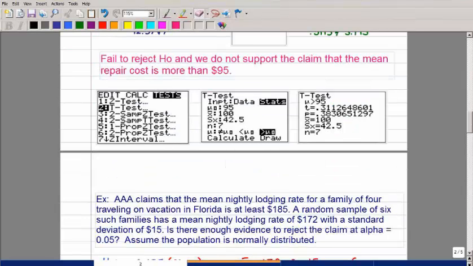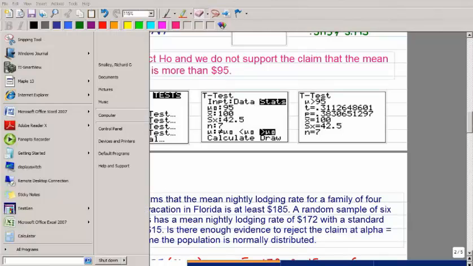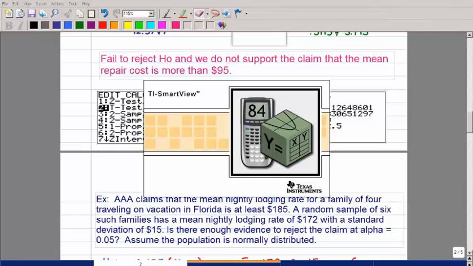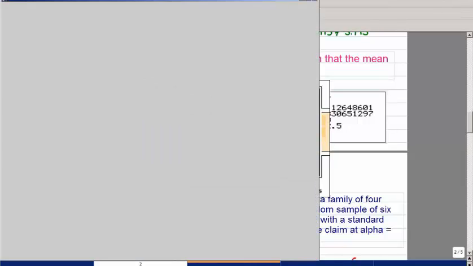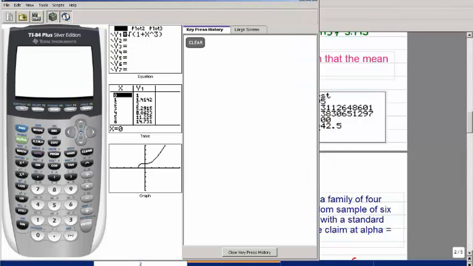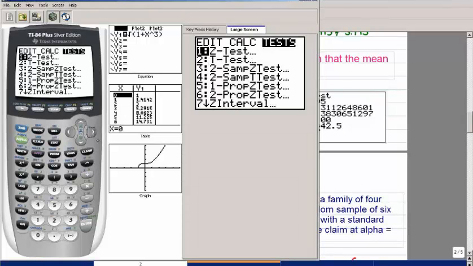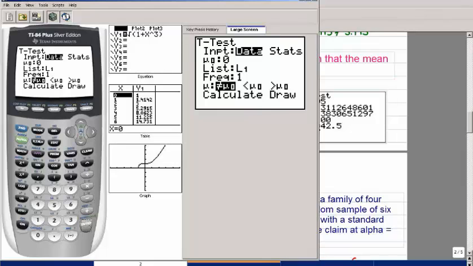So here are the calculator boxes. I think I'll generate this and show you. We'll go to stat, test, t-test, stats.